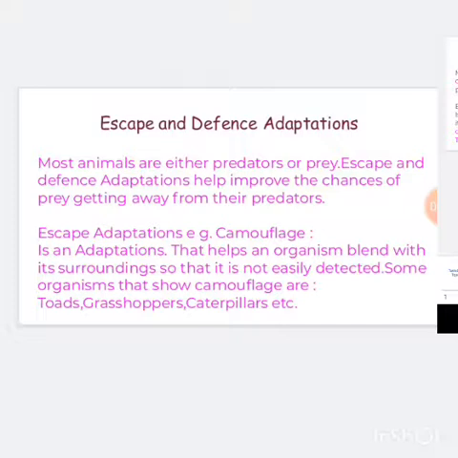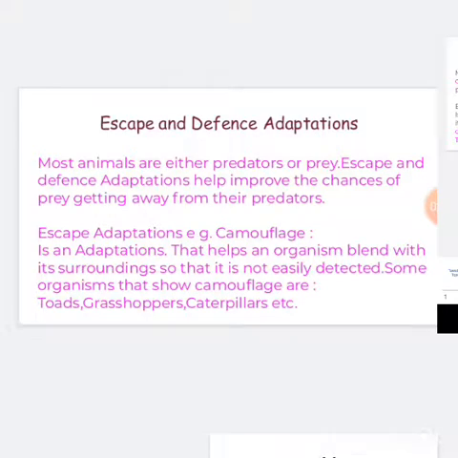So escape and defense adaptations are basically for the prey. These adaptations help them to escape from predators or to at least defend themselves against predators. So escape and defense adaptations help improve the chances of a prey getting away from their predators.